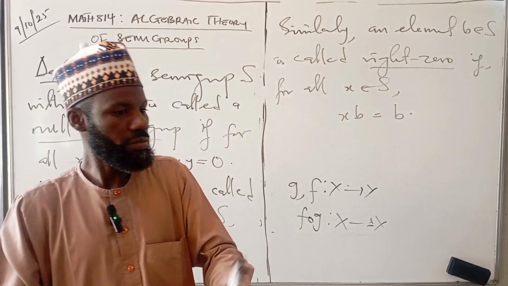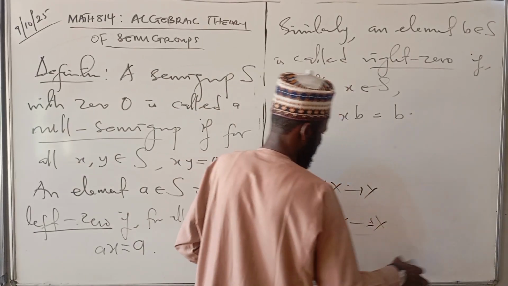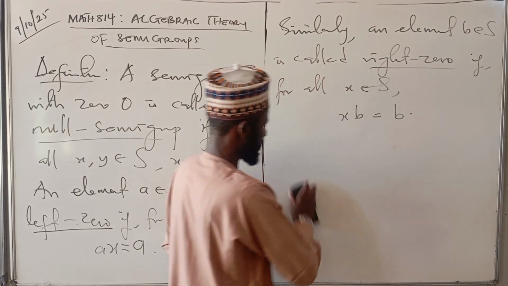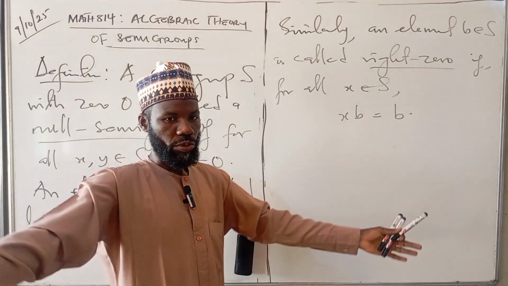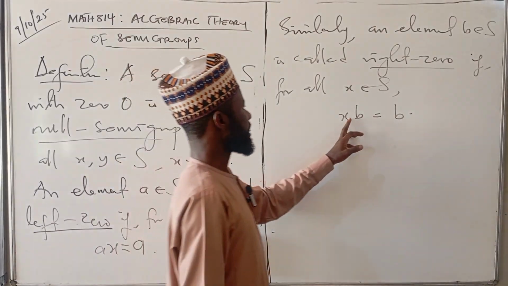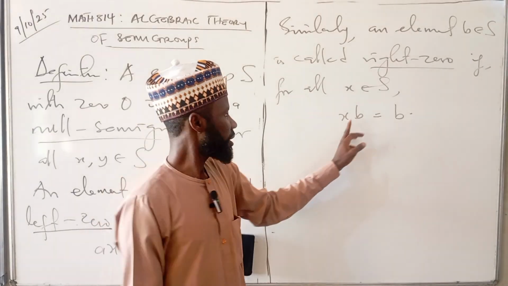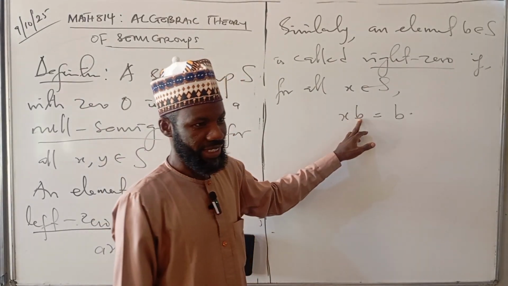This will be a very good candidate, the semigroup we will be dealing with most of the time: the full transformation semigroup of mappings. Are you following? The composition here is a binary operation, and these things are mappings.